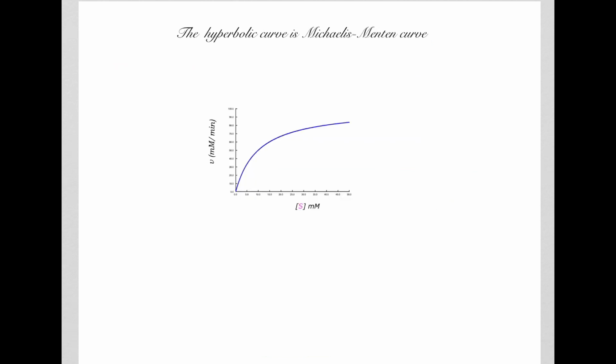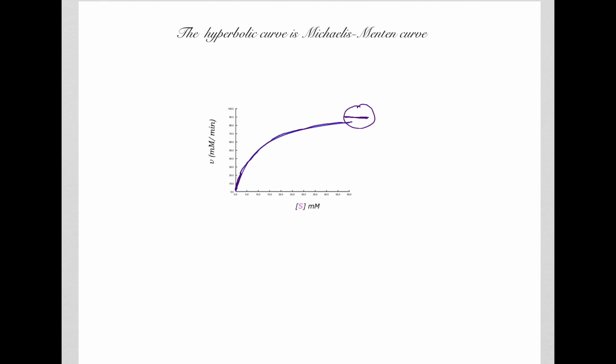So just to summarize, in case of the hyperbolic curve, we see a gradual increase of velocity with substrate concentration, which eventually plateaus into the Vmax, where the velocity is independent of the substrate concentration. So this is what we call a saturated enzyme.